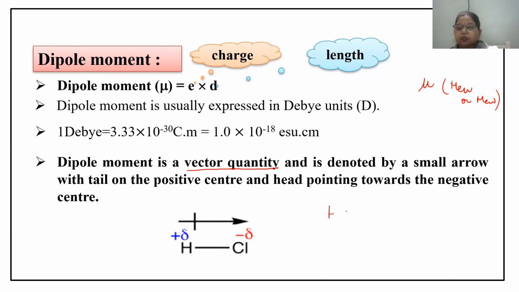If I have HF, I will draw the arrow with its head pointing towards the negative center, and at the tail, you make a positive charge like this. Is it clear to you, Shweta? Yes.